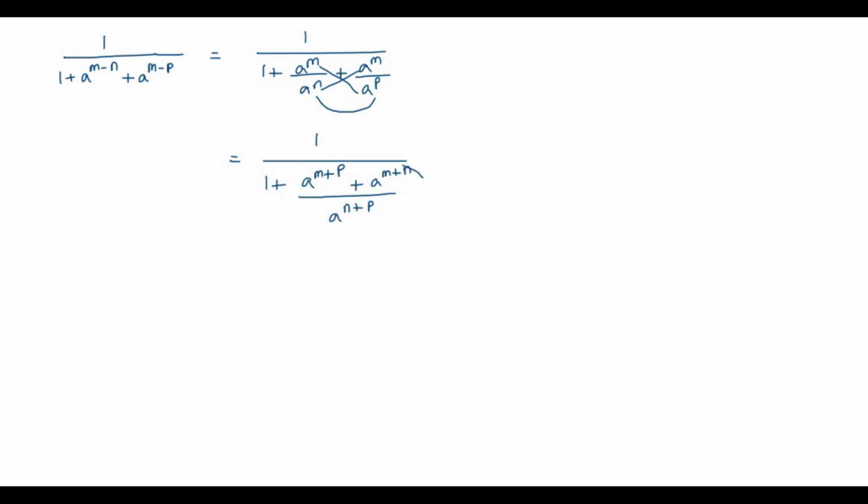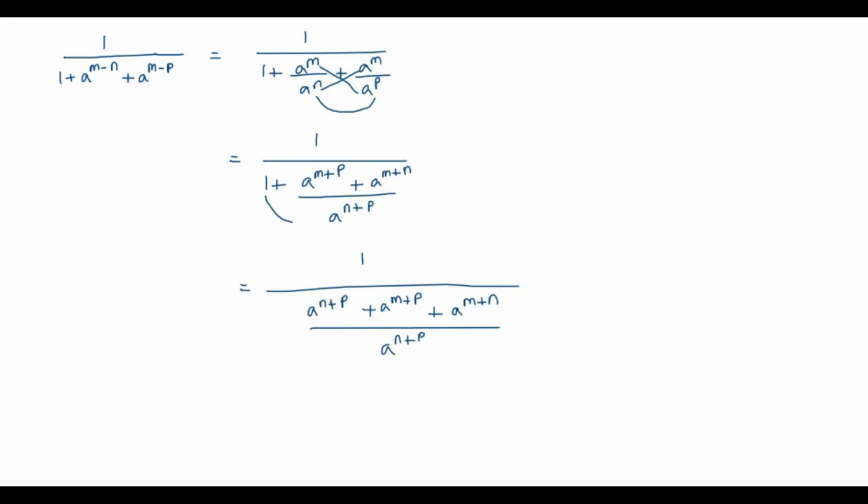Now I am going to add this fraction to this integer 1. For that, I have to multiply this denominator and this 1. So then I get 1 divided by a to the power of n plus p, plus a to the power of m plus p plus a to the power of m plus n divided by a to the power of n plus p.